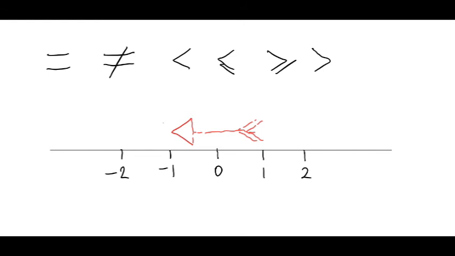So again, just think of it as an arrowhead, and that's obviously going to the right, so it's bigger. So this is less than, and obviously that one's more than.